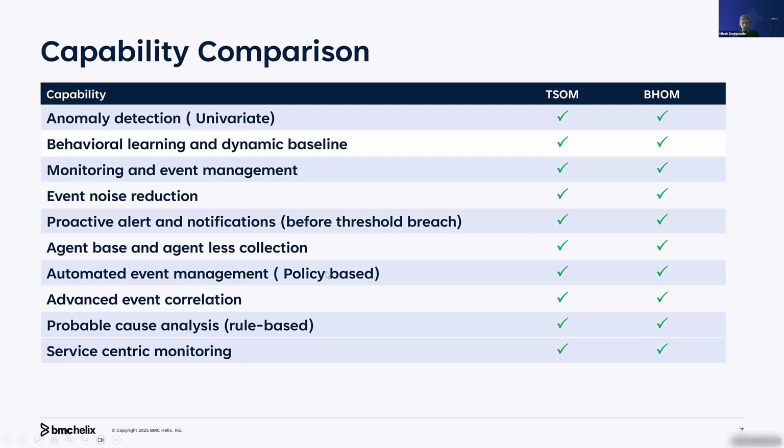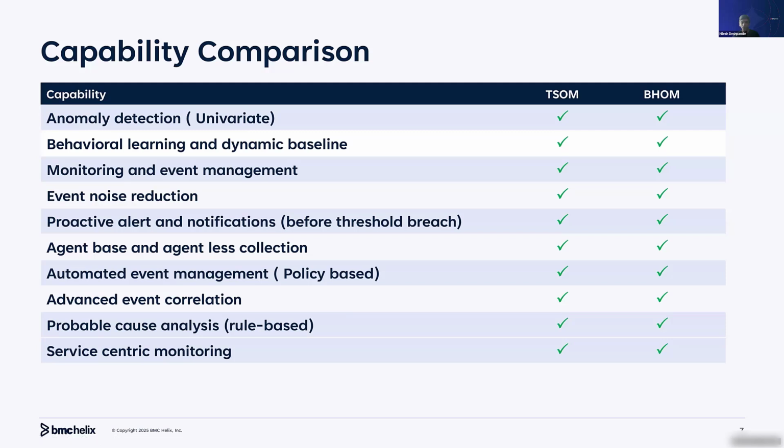The proactive notification based on thresholds, we have the baselines as well as the static thresholds, they are still there. The Patrol agent, if you have that expertise and are using it, remains as it is in BHOM. It's fully supported. It also has agentless collection if you want to make use of it. And the automated event management, that is, the policies are there.